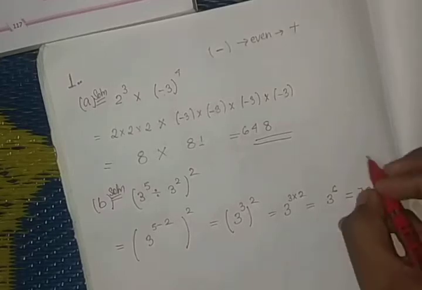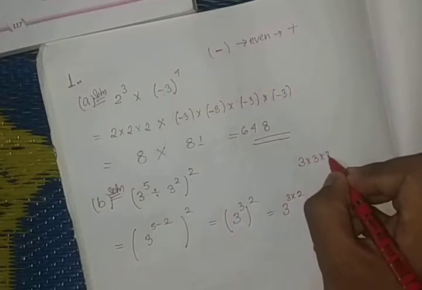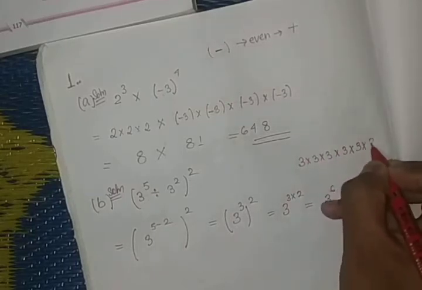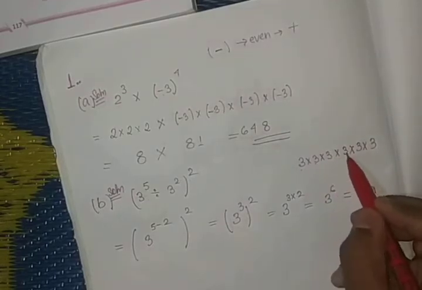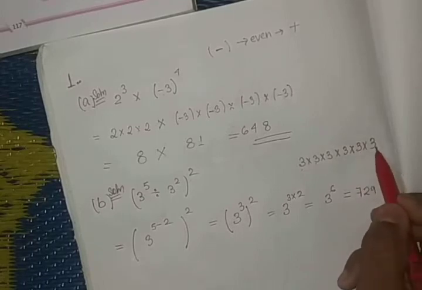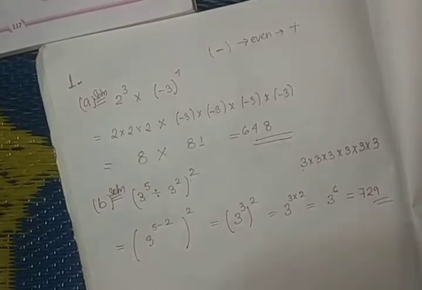Means if you multiply this 3 six times, 1 2 3 4 5 and 6, then 3 3s are 9, 9 3s are 27, 27 3s are 81, 81 3s are 243, and 243 3s are 729. So this will be the final result.